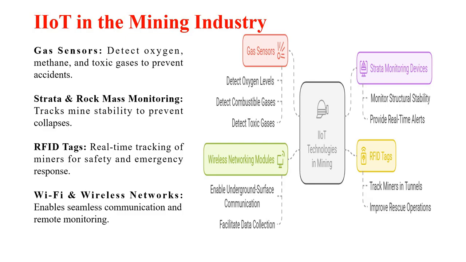Here you'll have real-time tracking of miners inside the underground tunnels, and it will help in emergency rescues and ensure worker safety. Then you have Wi-Fi and wireless networks, which provide seamless communication between the surface and underground operations. It also enables remote monitoring, data transfer, and automation of mining processes.